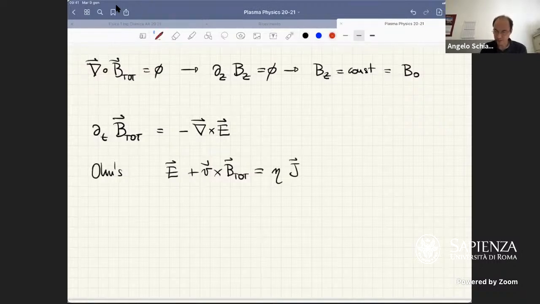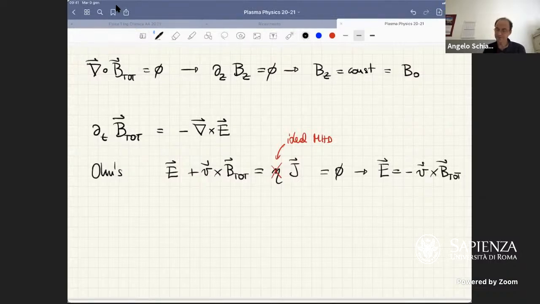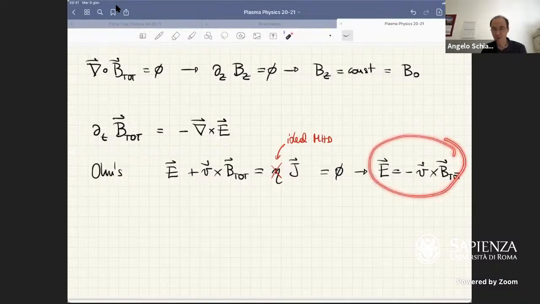But since we are in ideal MHD, this corresponds to requiring that E plus V cross B dot equals 0. So the electric field is linked to V cross B dot. Okay, and we can plug this expression for the electric field directly into Faraday's law.